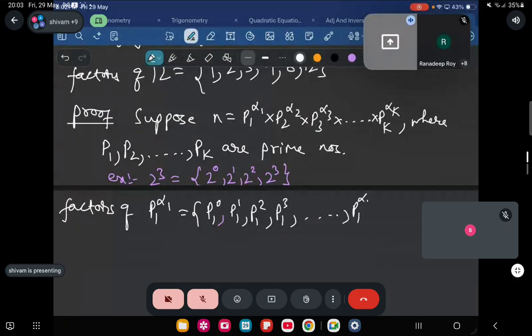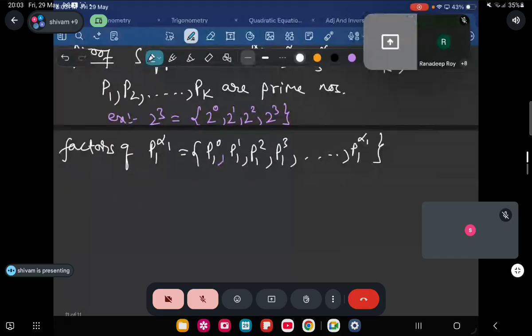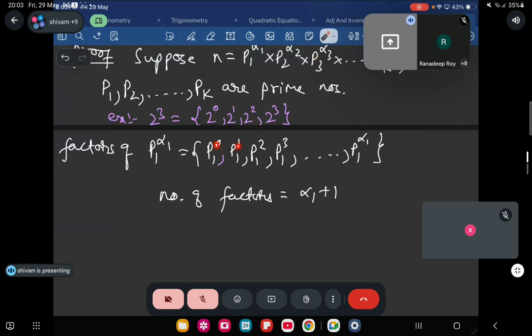In total, how many factors have I written? I have written alpha 1 plus 1 factors. You see, that is from 0, 1, 2, 3, 4 up to alpha 1.